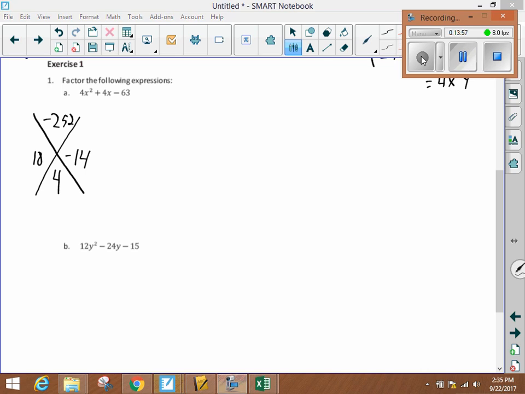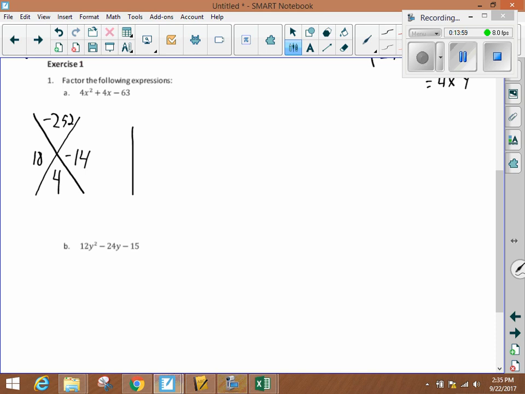All right, so now I'm going to get out my box. I'll put my 4x squared here. Negative 63 goes here. 18x here, negative 14x here. The greatest common factor of 4x squared and 14x is going to be 2x. The greatest common factor of 18x and 63 is going to be 9.